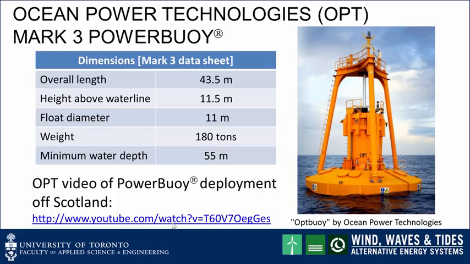There is a very nice video of the deployment of the power buoy for test at a location off the coast of Scotland, and that video is nice because it puts the size in context. You can see objects of known size, like people for example, in comparison to the power buoy.